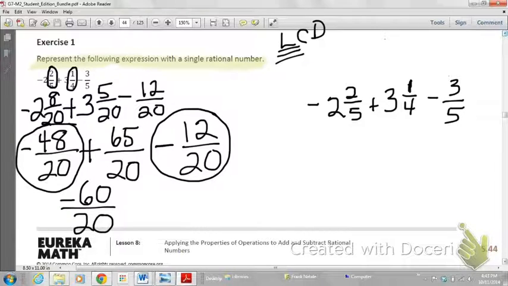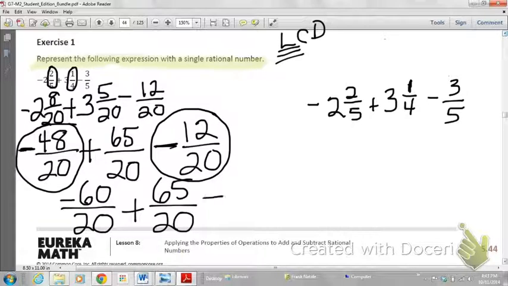Hopefully you can see that they're both negative, so I'm just combining them because I'm getting a sum here. So we have negative 60/20ths, then we're going to add another 65/20ths, and you can see very well that will equal 5/20ths because I have 5/20ths more on the positive side here.